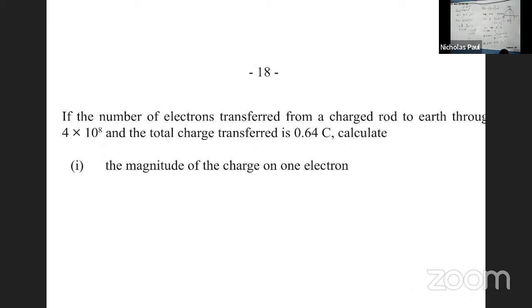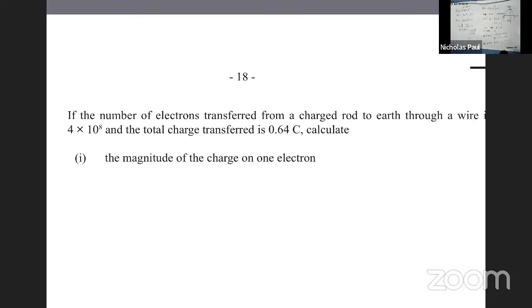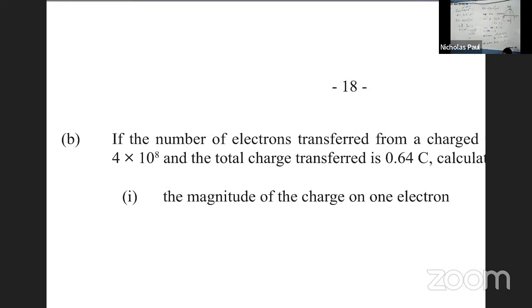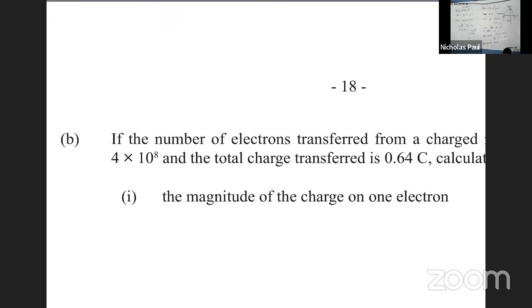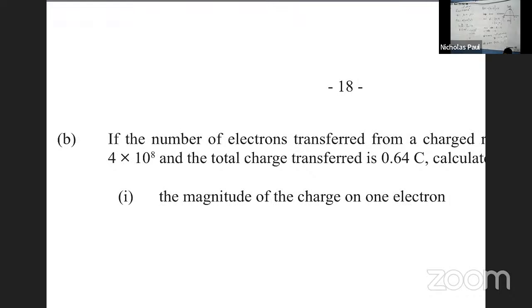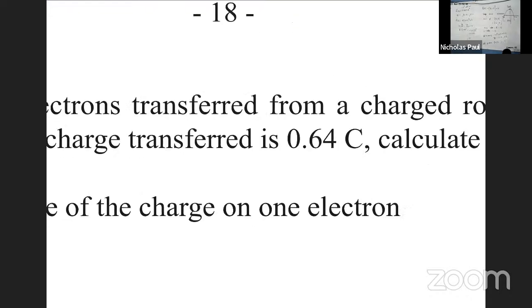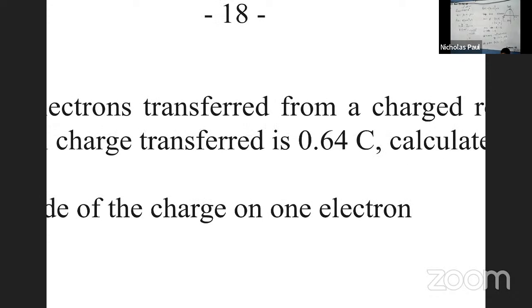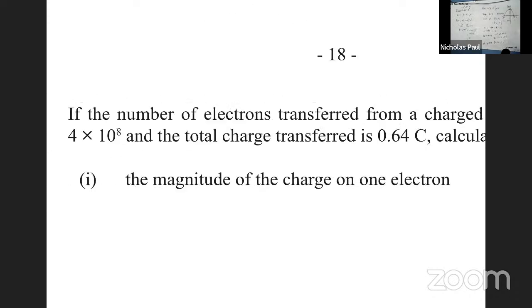So write down: number of electrons is 4 by 10 to the 8. And the total charge is 0.64 coulombs.